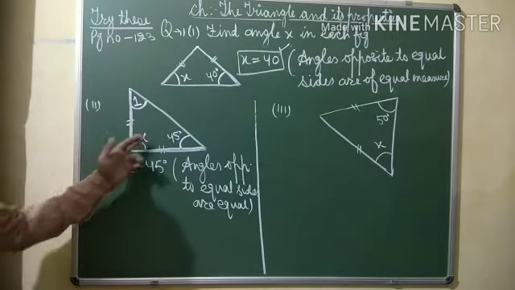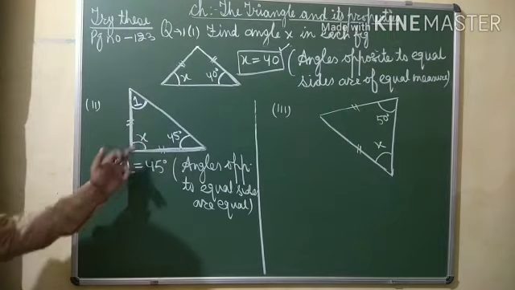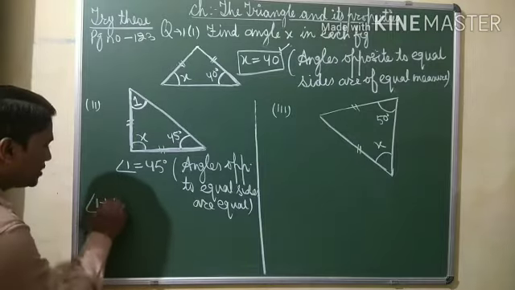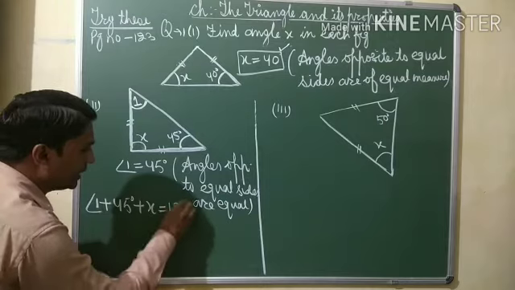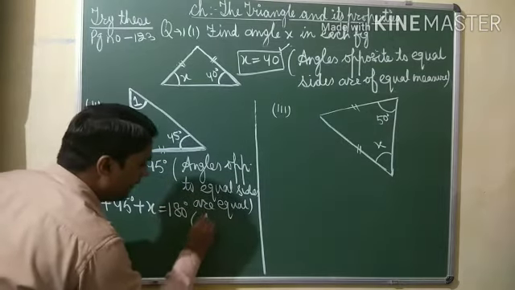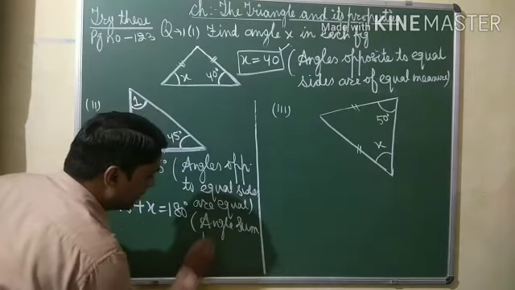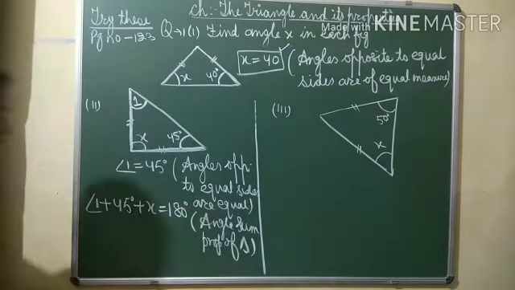Now in this triangle we can use angle sum property to find the measure of angle X. So angle 1 plus 45 degree plus angle X is equal to 180 degree because of angle sum property of triangle.